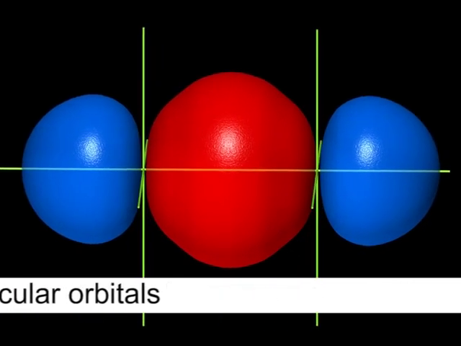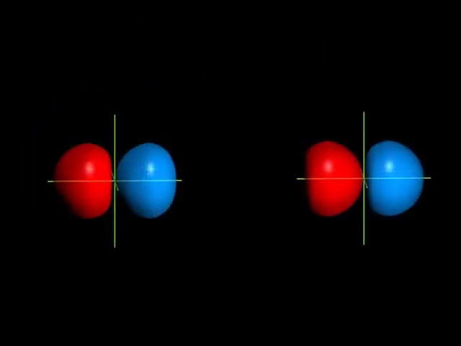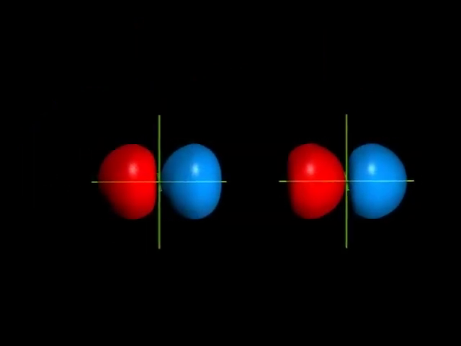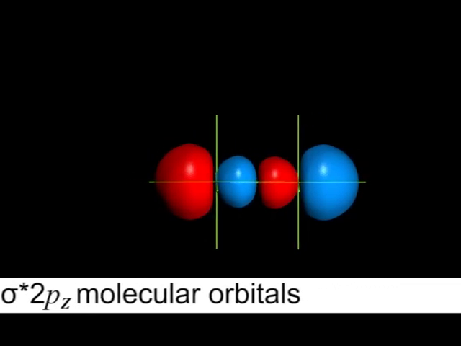In this case, sigma 2pz is taken along internuclear axis. Here, atomic orbitals with opposite sign of wave functions are shown in red and blue color. Let us look at the image showing formation of sigma star 2pz molecular orbitals.